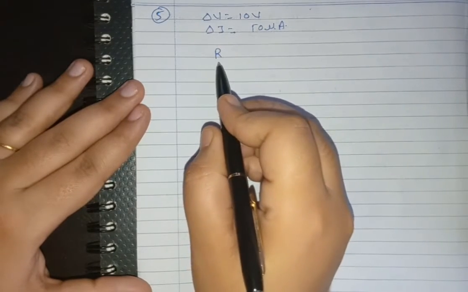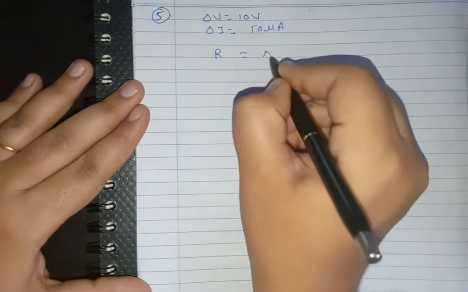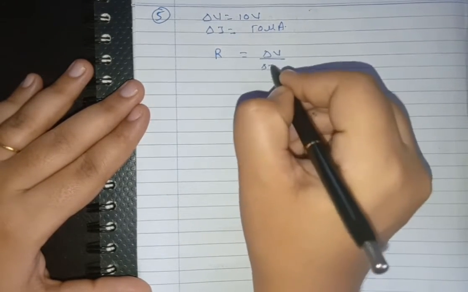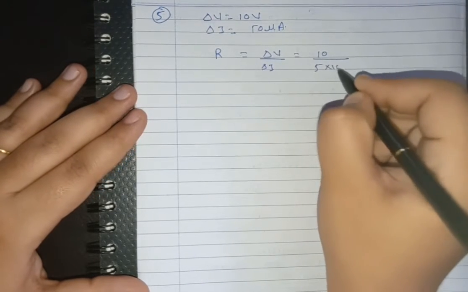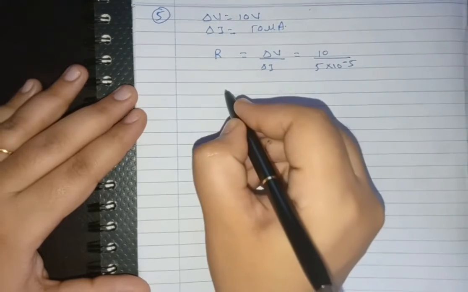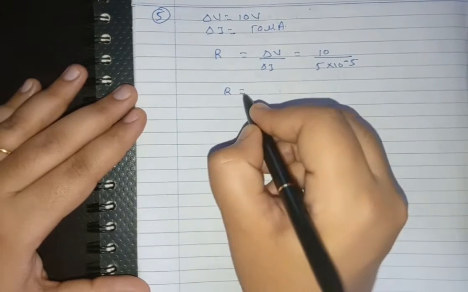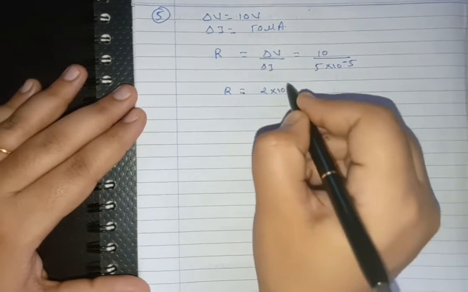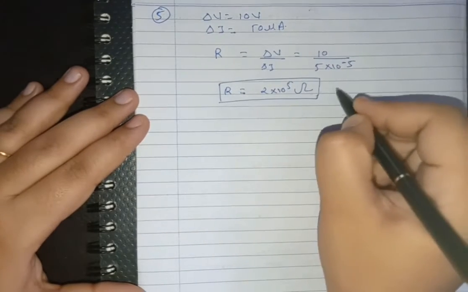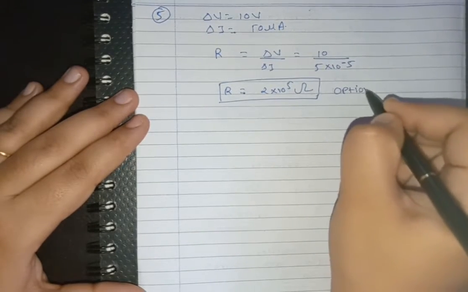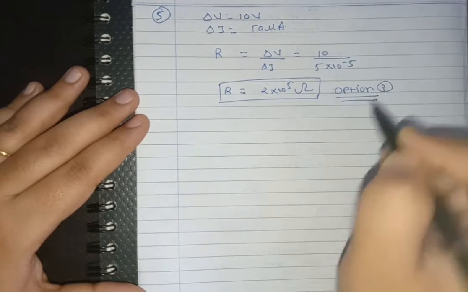The dynamic resistance R will be delta V by delta I, that is 10 divided by 5 into 10 power minus 5. So resistance will be 2 into 10 power 5 ohm. So option 3 is correct option.